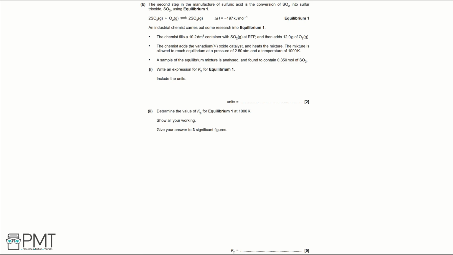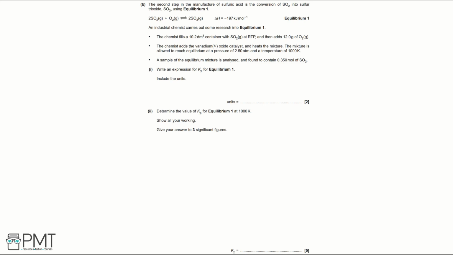The chemist adds the vanadium 5 oxide catalyst and heats the mixture. The mixture is allowed to reach equilibrium at a pressure of 2.50 atmospheres and a temperature of 1000 Kelvin. A sample of the equilibrium mixture is analysed and found to contain 0.350 moles of SO3. Part 1. Write an expression for Kp for equilibrium 1.